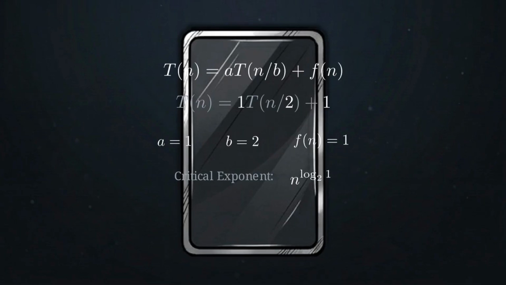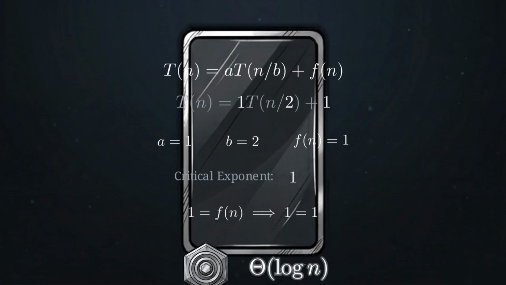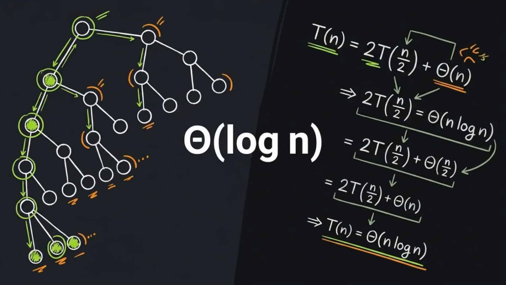Since log base 2 of 1 is 0, this simplifies to n to the power of 0, or simply 1. We compare this result to our f(n), which is also 1. Because these values are equal, the relation falls under case 2 of the master theorem. Both the tree visualization and the algebraic proof confirm that the algorithm operates within a Θ(log n) time bound.